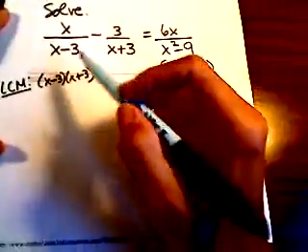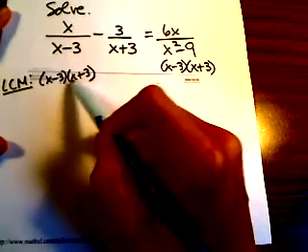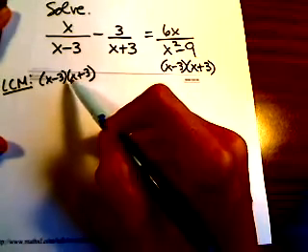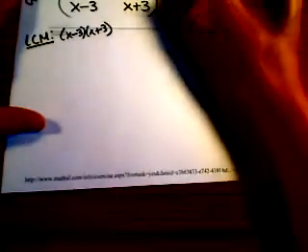All right, anyways. So what we need to do is multiply both sides by this LCM. And that's going to clear the fraction for us. Okay? So we'll multiply here, x minus 3 and x plus 3.